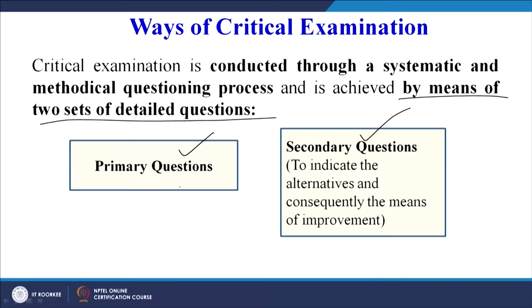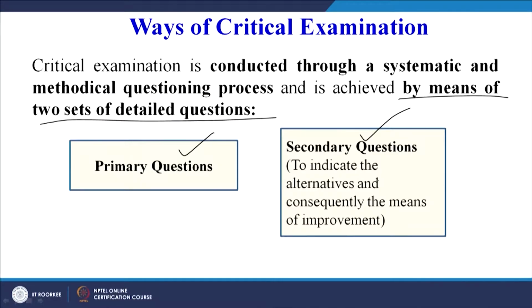Now in primary questions, normally we will see in the subsequent slides what are the primary questions and what type of answers we try to look at, and secondary questions indicate the alternatives and consequently the means of improvement. So for example, regarding the person, we have a question: why is this person doing this job, or why is he the only person who is doing this job.